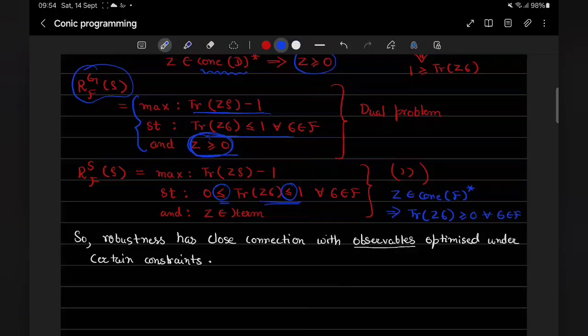This conversion is useful to show that robustness can be calculated using semi-definite programming, because sometimes these dual problems are simple to solve.